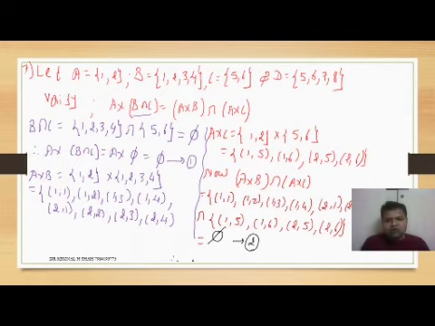That is, A cross (B intersection C) is equal to (A cross B) intersection (A cross C), since from 1 and 2. That is the answer. Any doubt? Sure? 100%? Make a note.